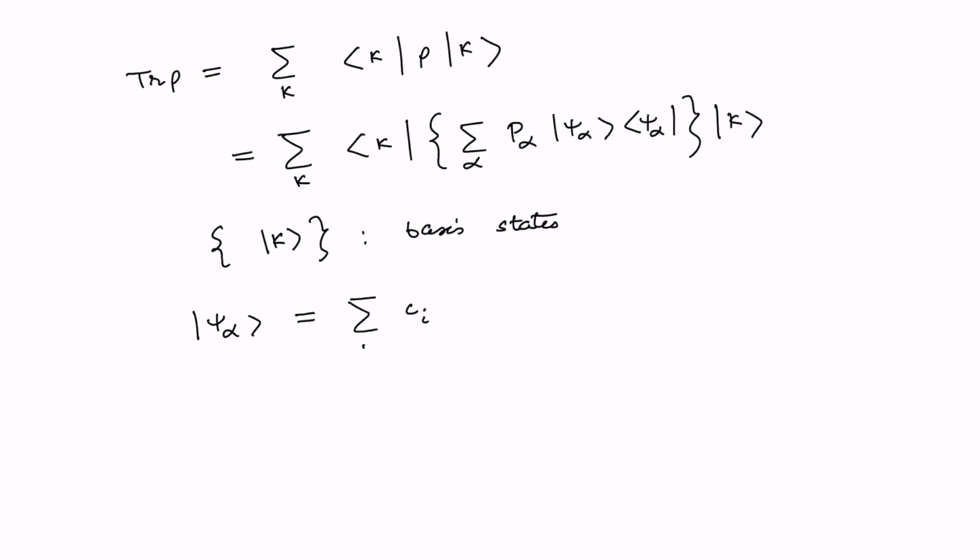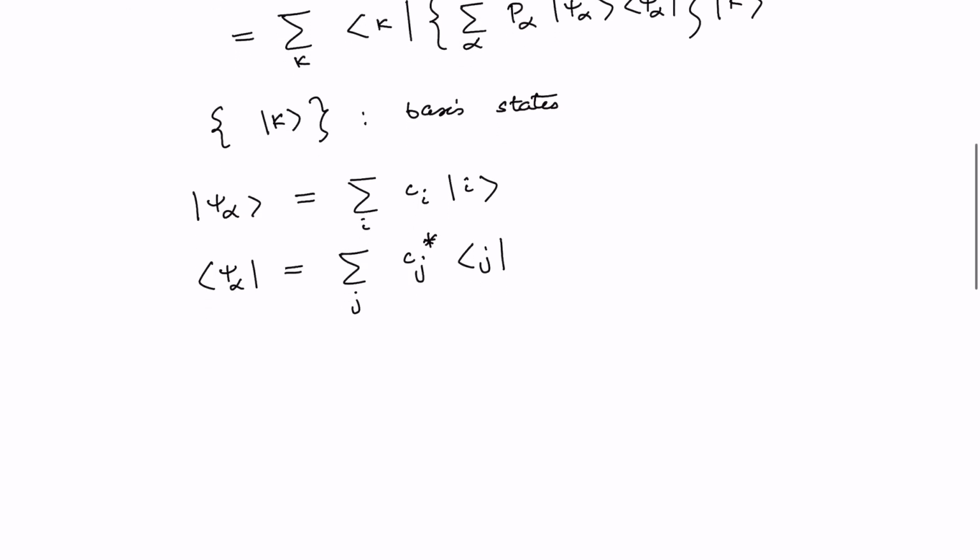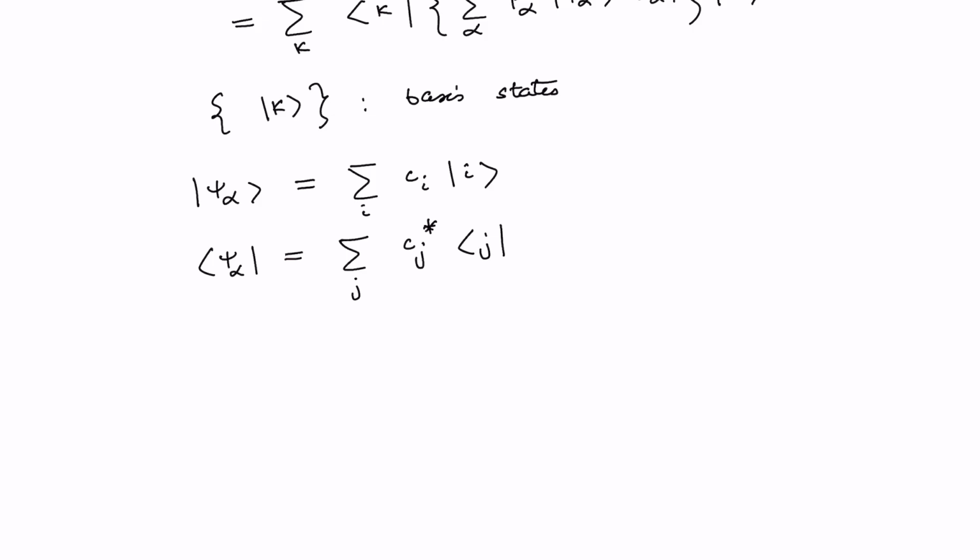So we can write summation sum over i of ci ket i. So ket i are the basis states, and similarly I can write its counterpart, the bra psi alpha. For that let us take sum over j, cj star, complex conjugate of the amplitude, and then bra j. Again ket j is basically the basis state.